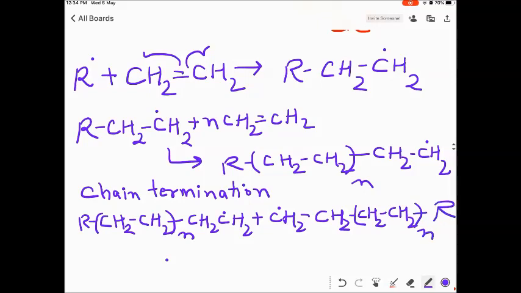Now these carbons, both these carbons will combine forming a sigma bond. So that will be the chain termination step.